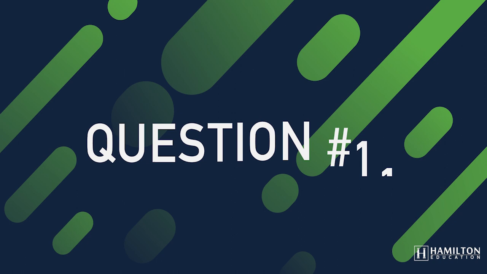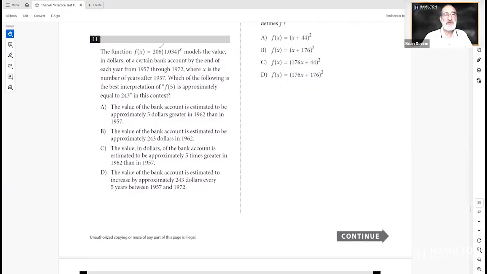Question 11. The function f of x equals 206 times 1.034 to the x power models the value in dollars of a certain bank account by the end of each year from 1957 through 1972, where x is the number of years after 1957. Which of the following is the best interpretation of f of 5 is approximately equal to 243?